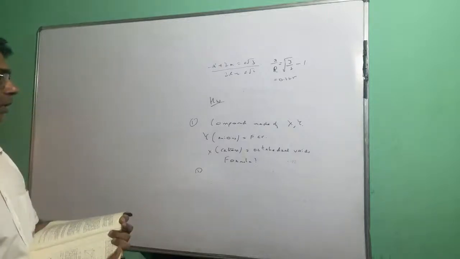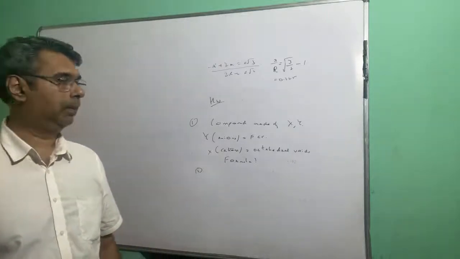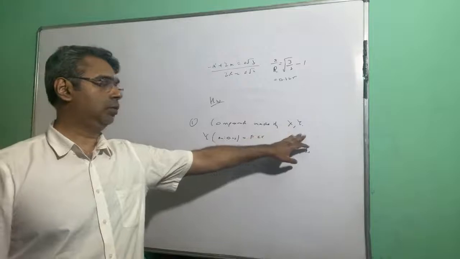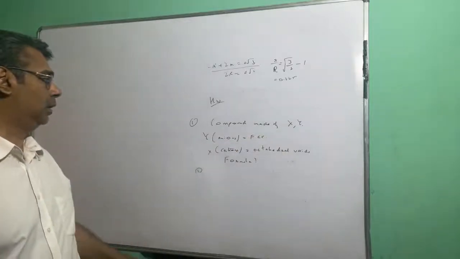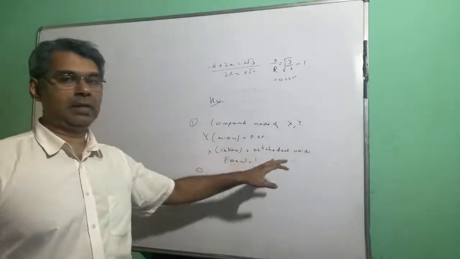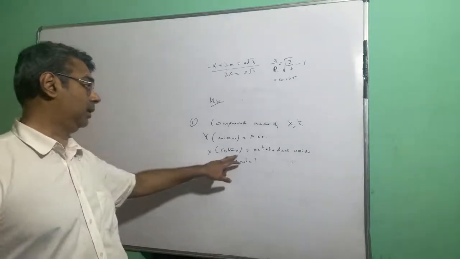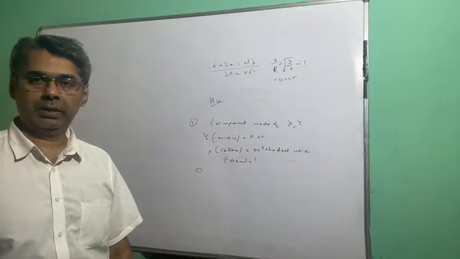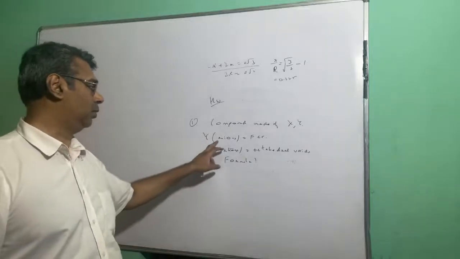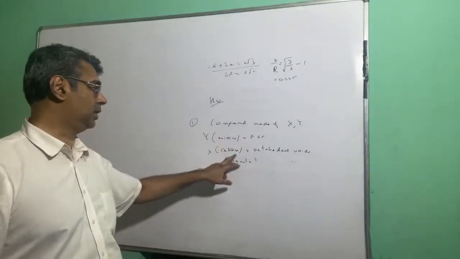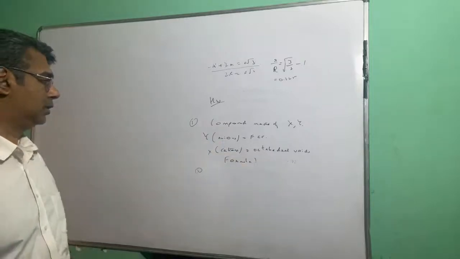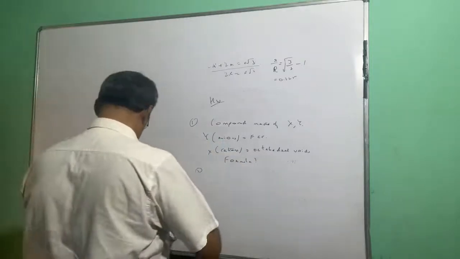The first question: there is a compound which is made of two elements X and Y. Y is forming the anions and the anions are located in FCC position. X is forming the cations and they are located in the octahedral voids. So Y is anions in FCC, X is cations in octahedral voids. What is the formula of the compound? This is question number 1.